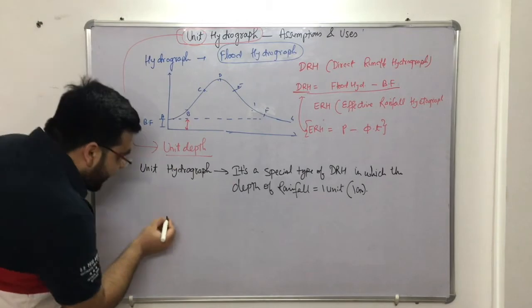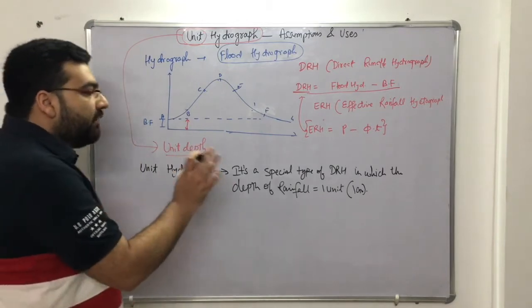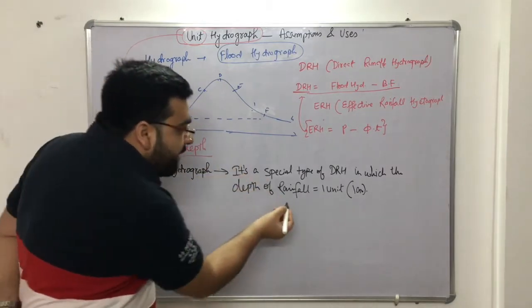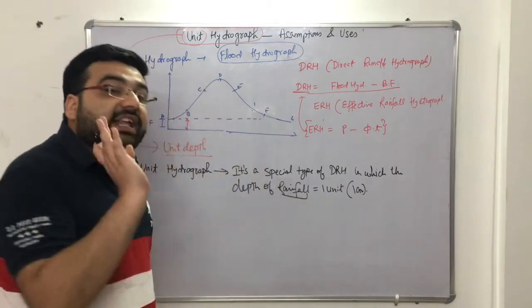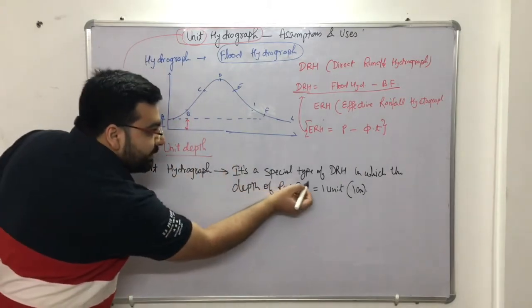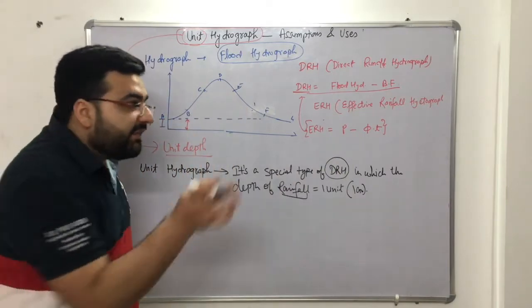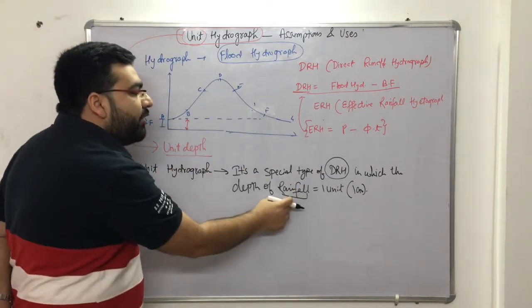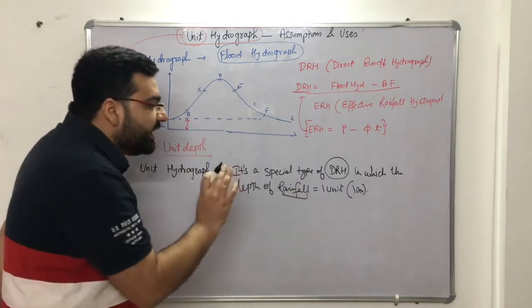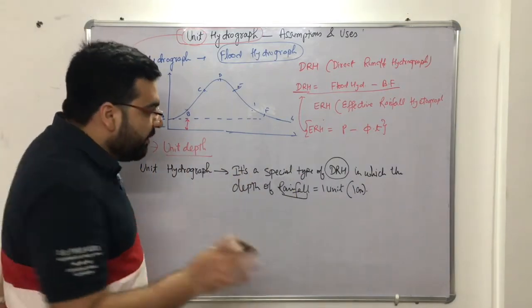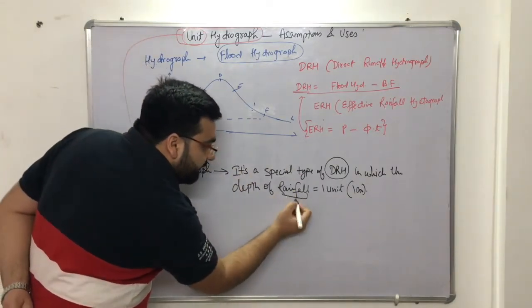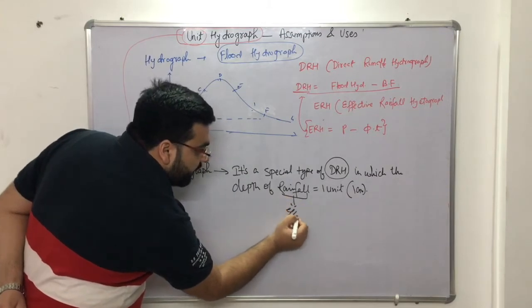Now which type of rainfall? That is effective rainfall, because it is a special type of direct runoff hydrograph, not flood hydrograph. If it were a flood hydrograph, then it would not be the effective rainfall, right? But now this rainfall will be effective rainfall.